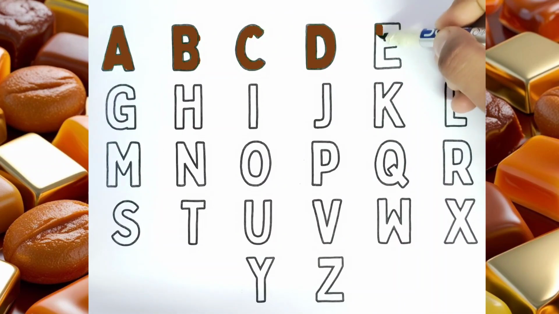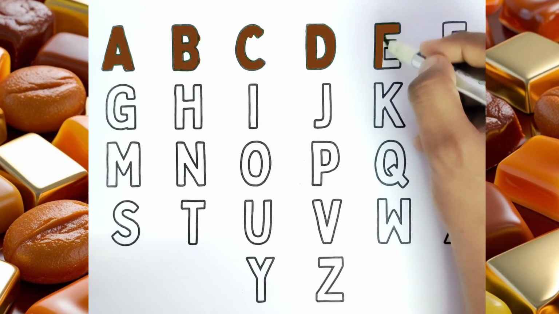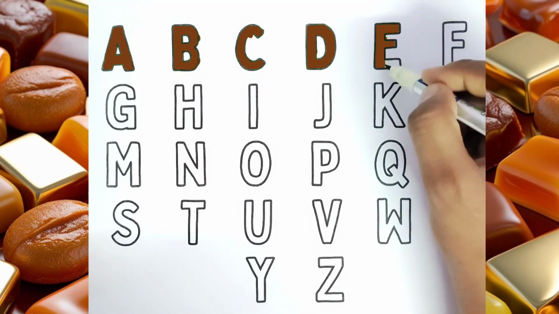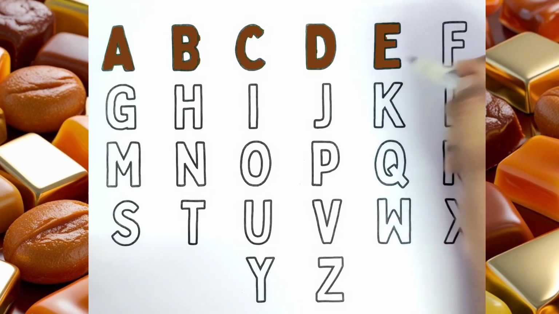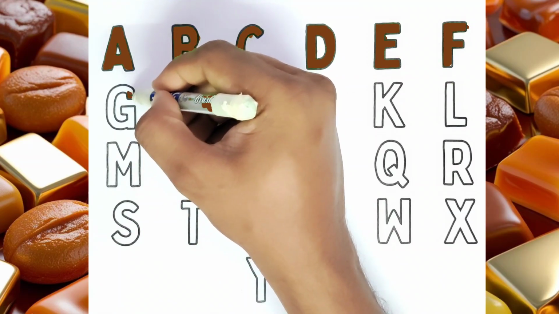E. E for elephant. F. F for fish. G. G for goat.